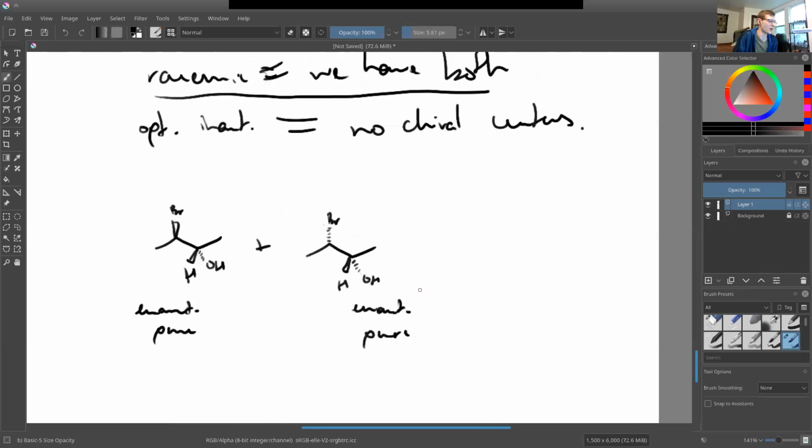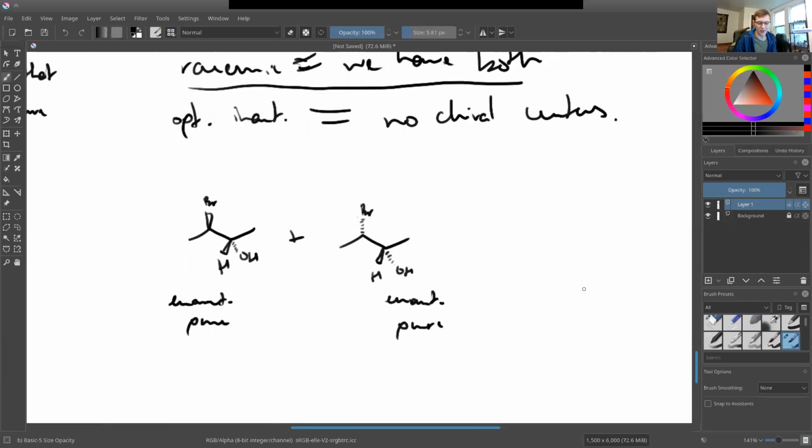Or you could just write a note and say these are the only two compounds we get, or something, right? They probably wouldn't be that bothered by that either. Yeah.